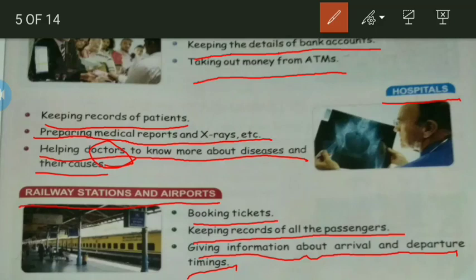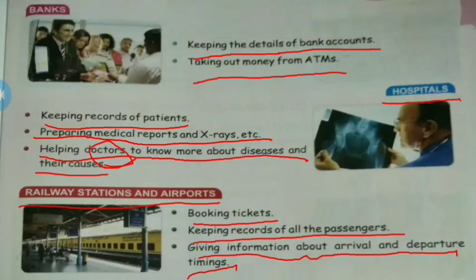They are also computerized devices, prepared to display the timings of different trains, about their arrivals and departures, and on which station they are going to be, so that passengers don't have to ask about their train at the counter. They can easily look up the display board and know about their train. Okay, now let's move to the next heading.